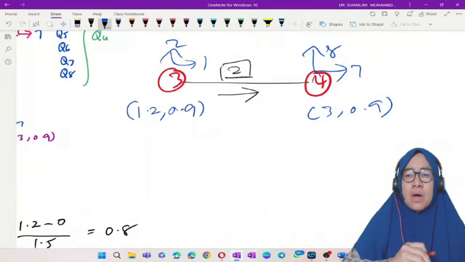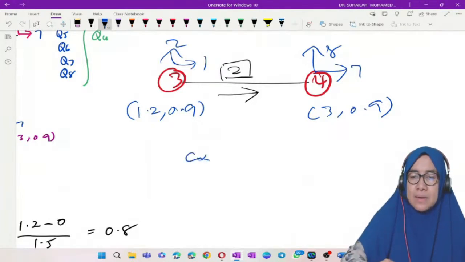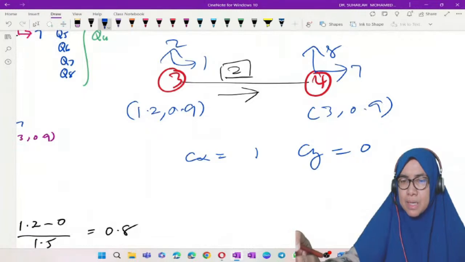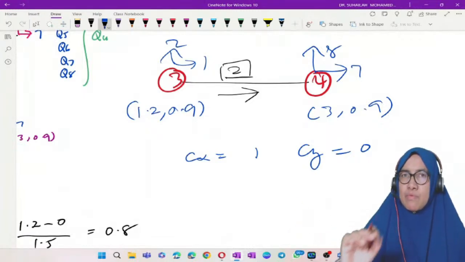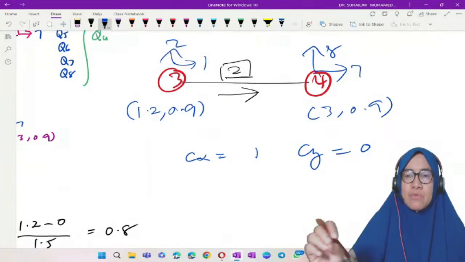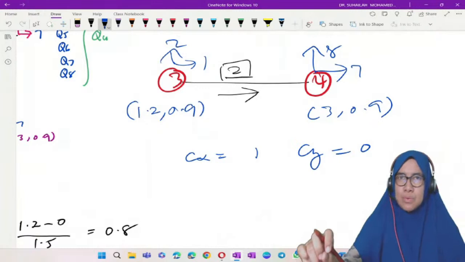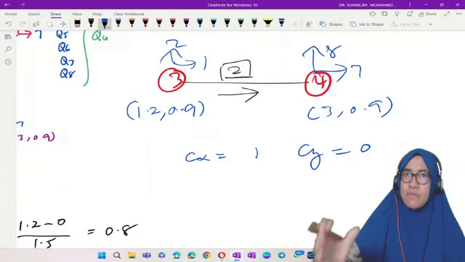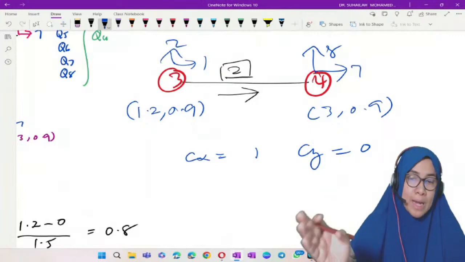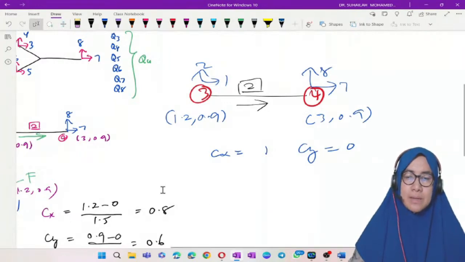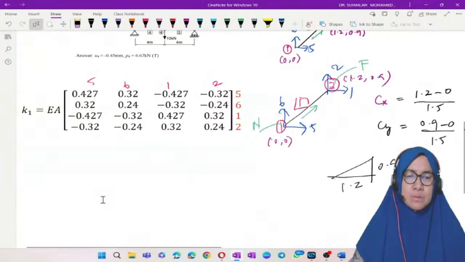For a horizontal member, the arrow moves towards the right from 3 to 4, so Cx is equal to 1 and Cy is equal to 0. For a vertical member, Cx is 0 and Cy is 1. Based on this, we can produce K2.